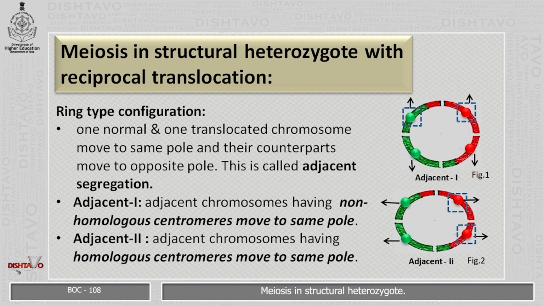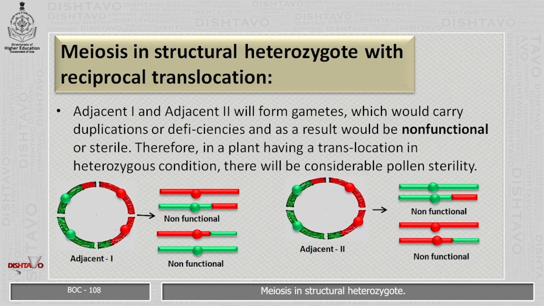Adjacent 2, in which adjacent chromosomes having homologous centromeres move to the same pole, as shown in figure 2. Adjacent 1 and adjacent 2 will form gametes which would carry duplications or deficiencies and as a result would be non-functional or sterile, as shown in the figure. Therefore, in a plant having a translocation in heterozygous condition, there will be considerable pollen sterility.